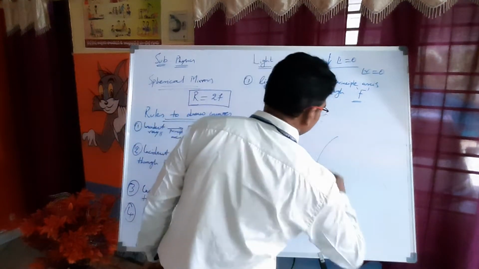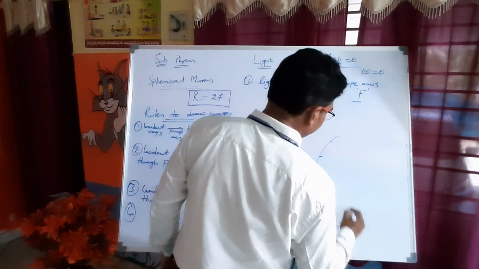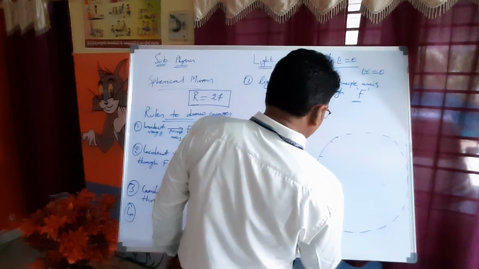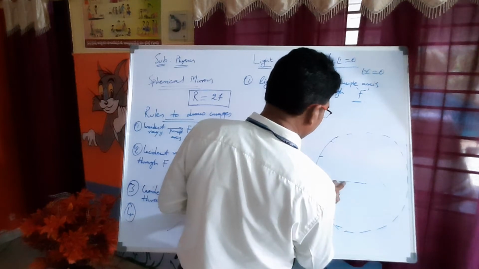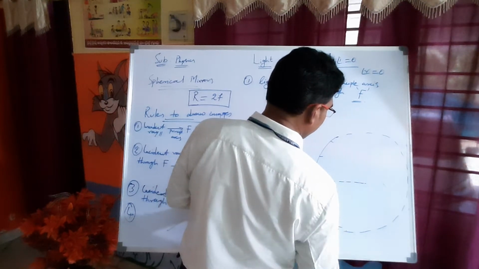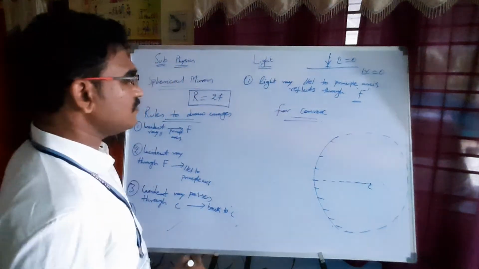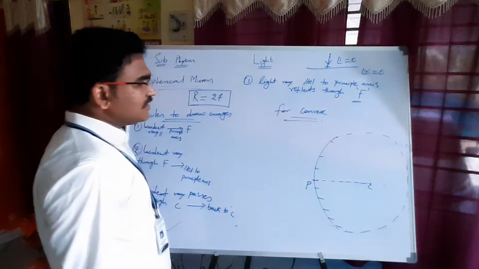For example, this is a convex mirror, and this is the pole.